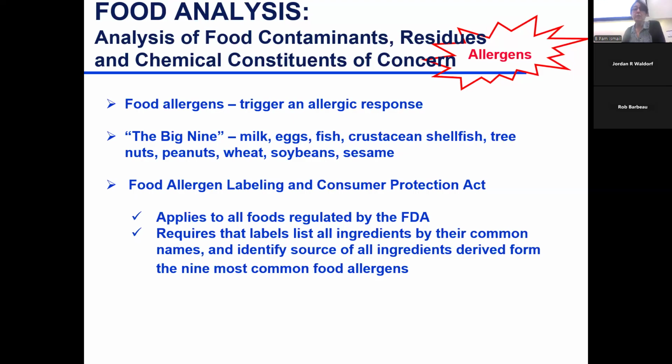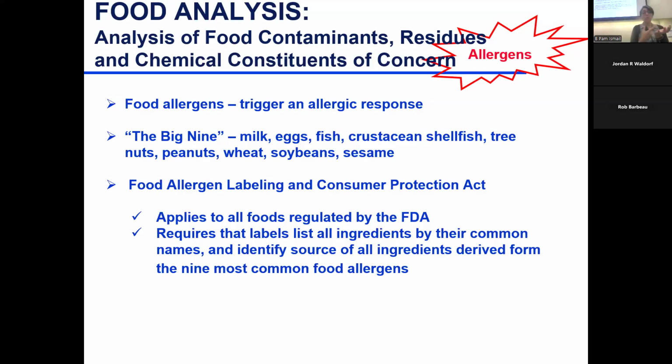Allergens are proteins. So we have 9 allergens now. Sesame was added. So proteins from these different groups can cause immune reactivity in some people. And because of that, we have this Food Allergen Labeling and Consumer Protection Act, which dictates that all manufacturers should say on the label contains peanut, contains soy, contains milk, contains wheat.